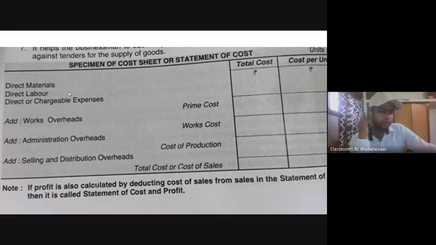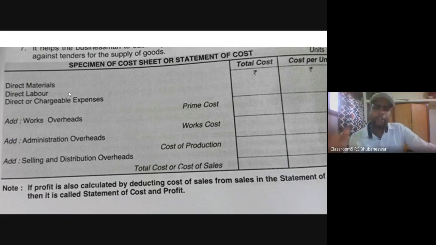Okay, so here the specimen you are looking at is a simple format of statement of cost and profit. The cost sheet can also be called statement of cost and profit, because this statement will tell you how to identify the total cost.